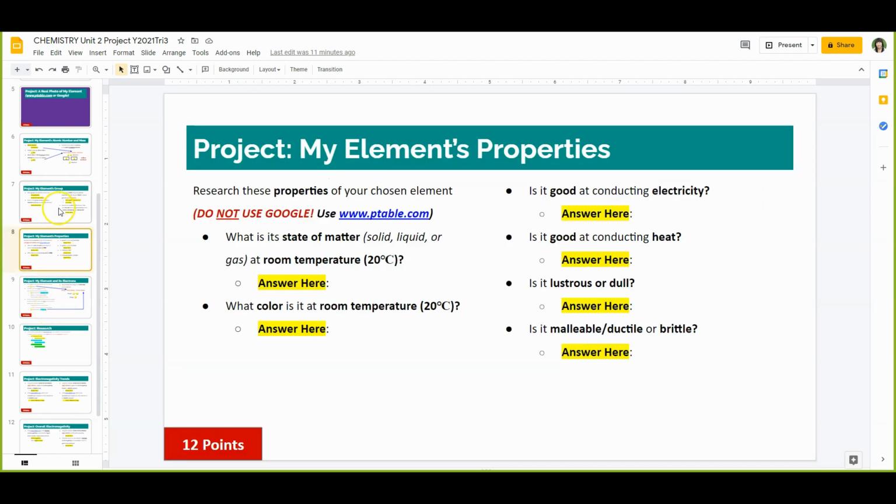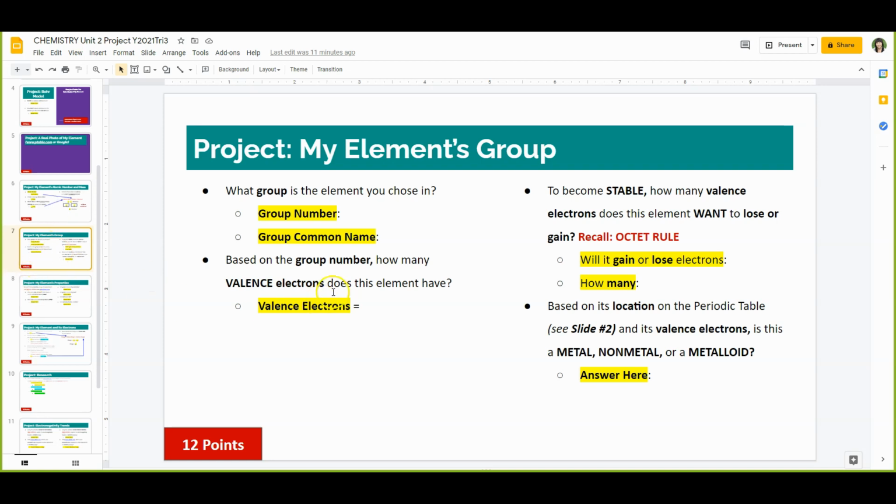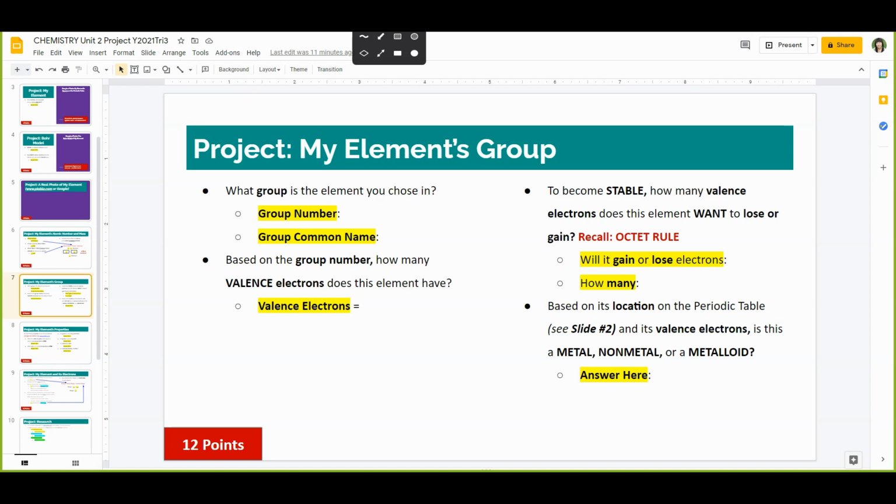All right, so now let's take a look at the number of valence electrons that your element has. The number of valence electrons you actually already determined on slide number 4, right? This is the outermost electrons.